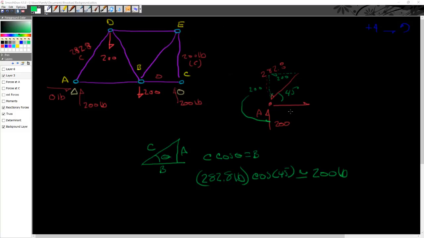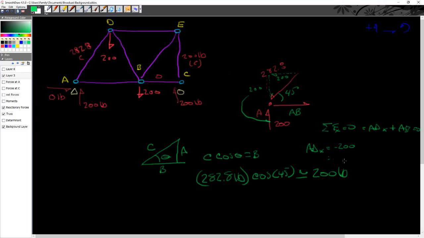I know that the only other vector force working here is the force AB. So the sum of forces in the x direction equals 0, which equals ADX plus AB equals 0. And I said that ADX equals minus 200 pounds.